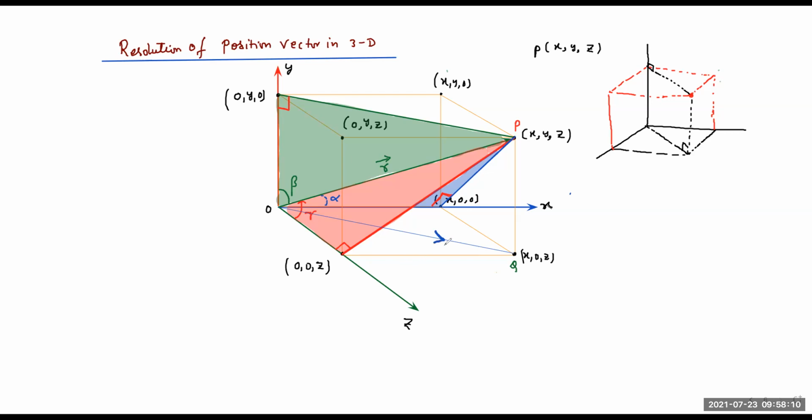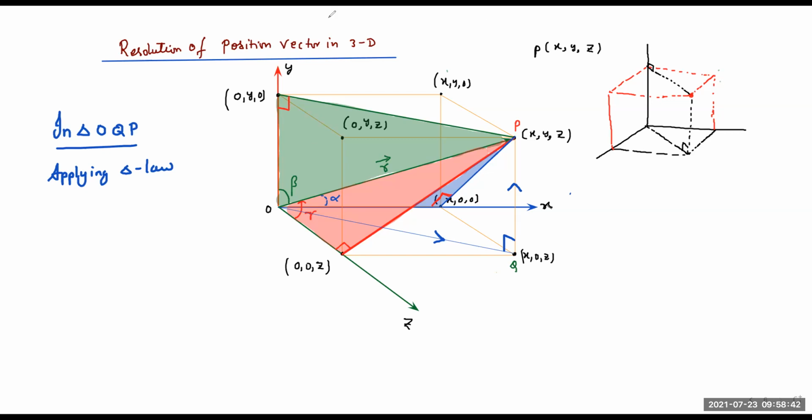This is the OQ vector, and then we have the QP vector, and this is again a right angle. So in triangle OQP, applying the triangle law.